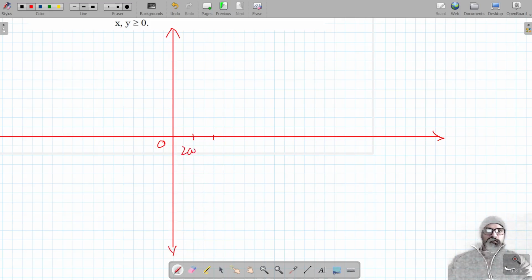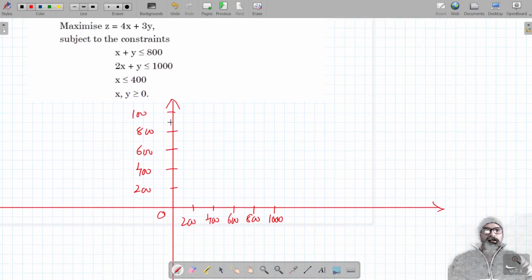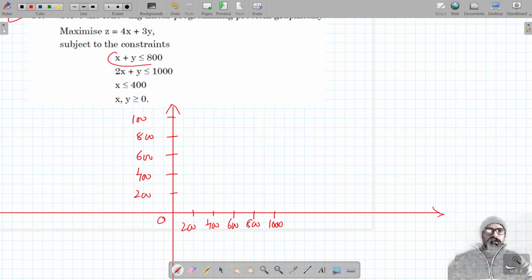So this is 200, this is 400, 600, 800, and then 1000. Similarly, here it's 200, 400, 600, 800, and then 1000.